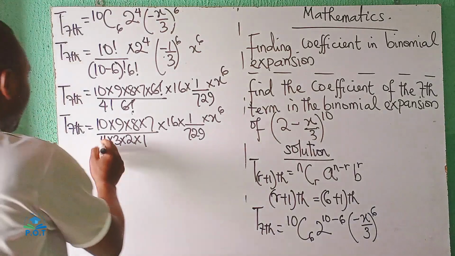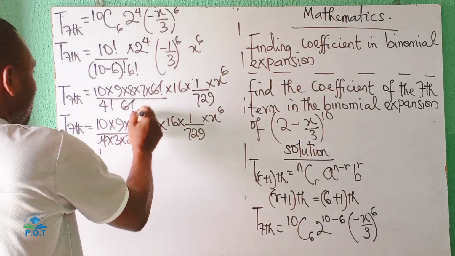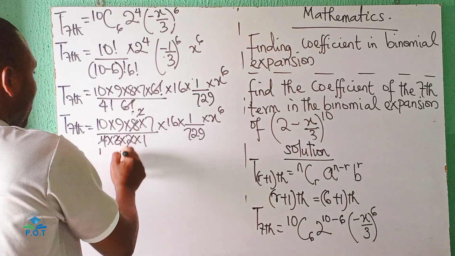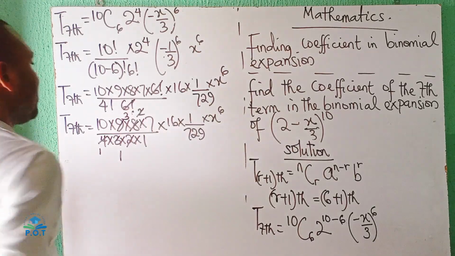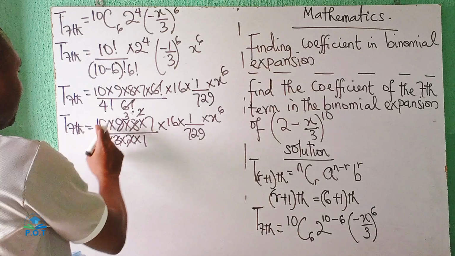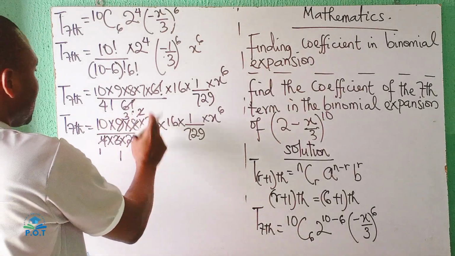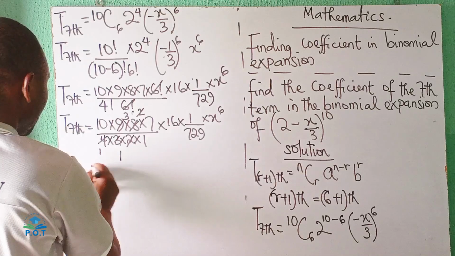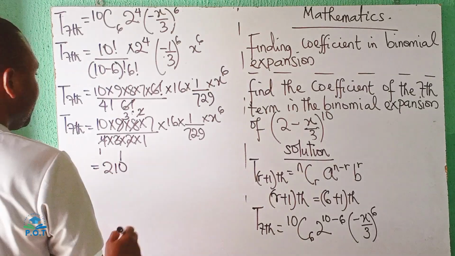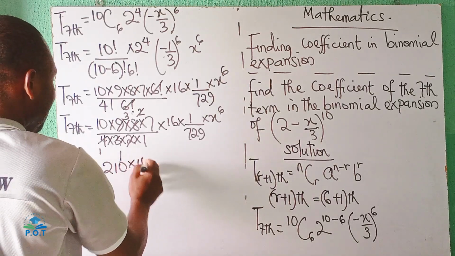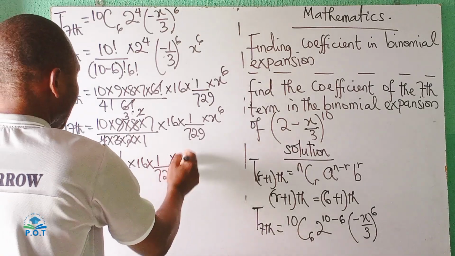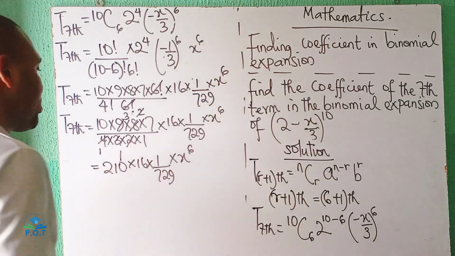All right, so 4 here is 1, 4 here is 2, 2 cancels 2, 3 here is 1, 3 here is 3. So I'm having 10 times 3 times 7, which will give us 210, times 16 times 1 over 729 times x raised to the power of 6.